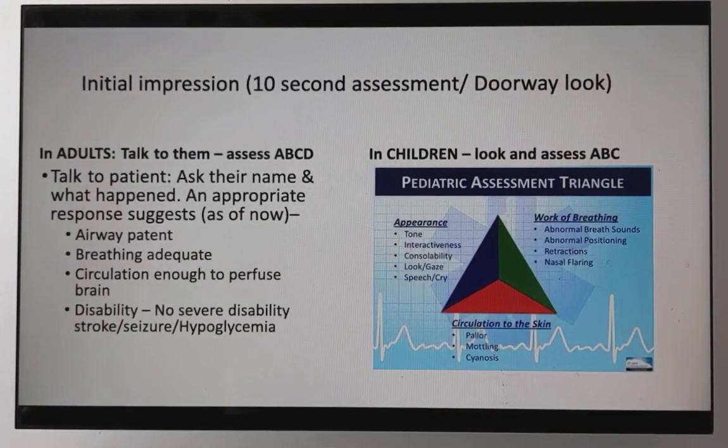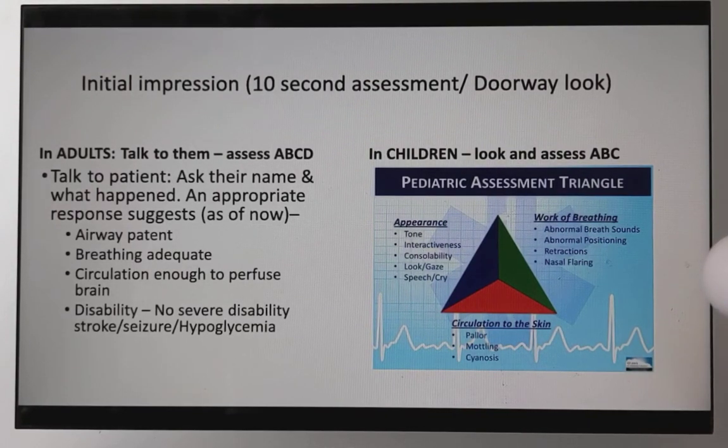You look at their work of breathing. A normal child would be breathing fine, and you won't even notice. But if you are able to notice, because their breathing is noisy, you feel there is increased work of breathing.